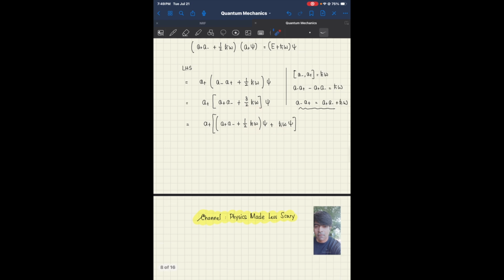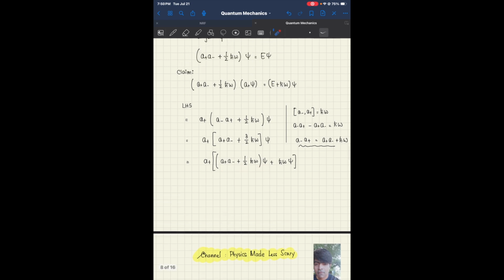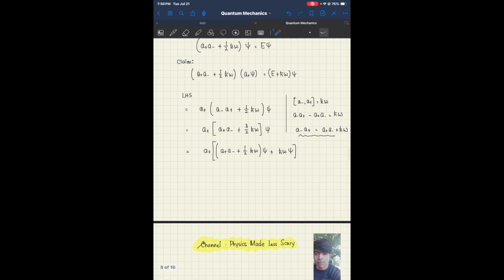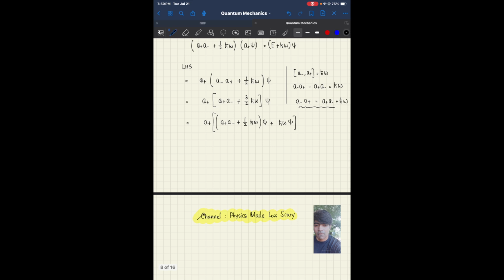Great. Aha! But you know this equation I already know, right? This equation is simply this equation, which means this is a plus, excuse me, e plus h cross omega psi. Why? Because this is e psi, right?